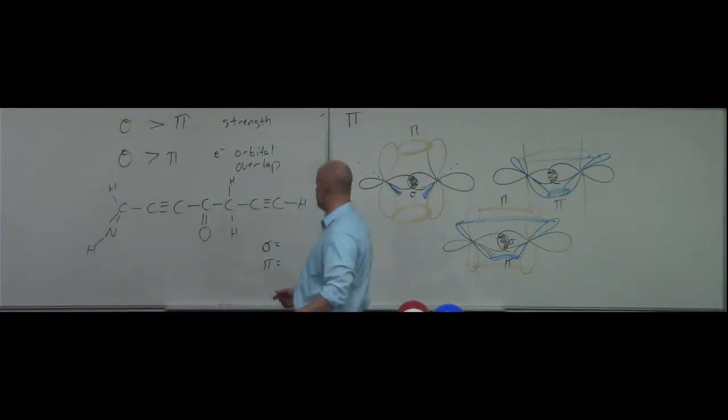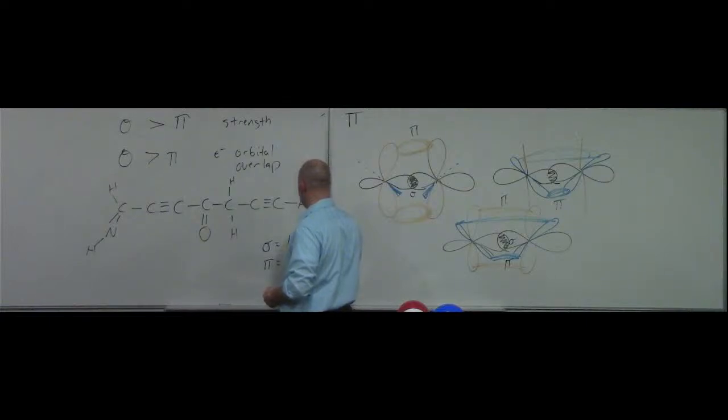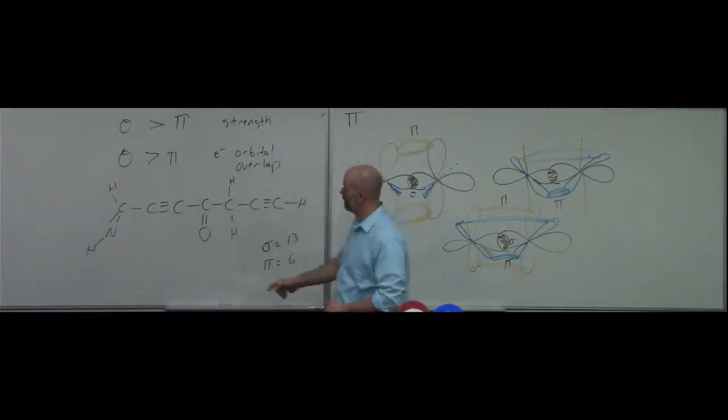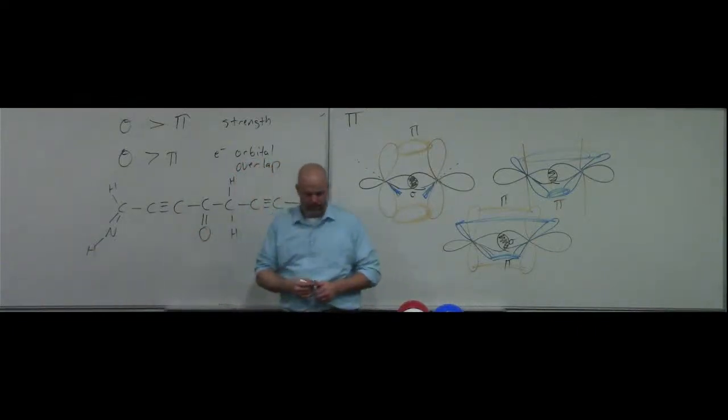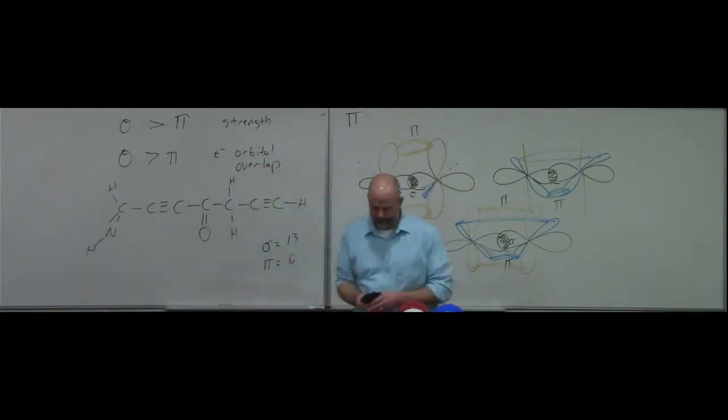All right, how many sigma? 13. How many pi? 6. 1, 2, 3, 4, 5, 6. Okay. Good.